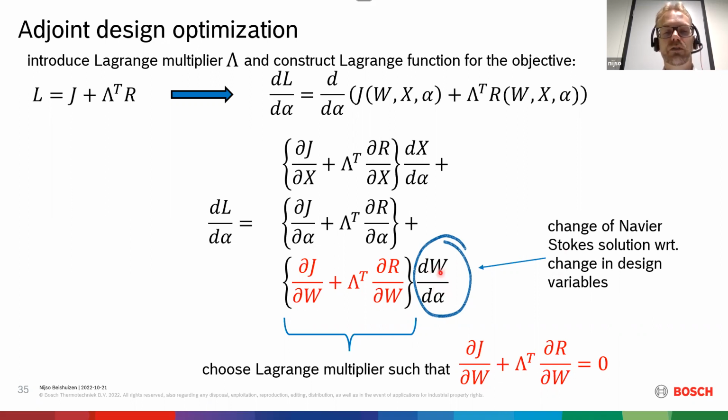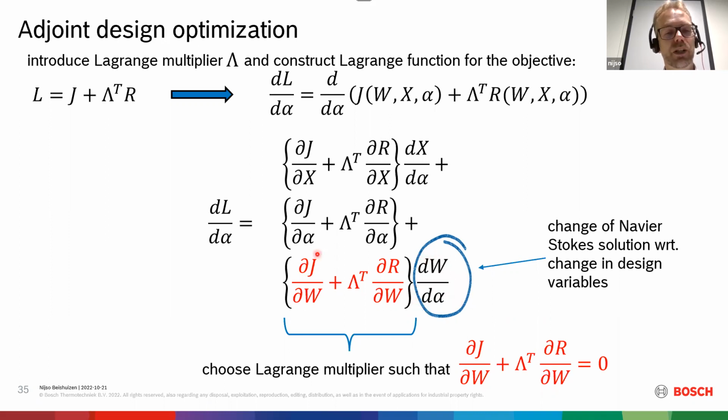And this is super expensive. This basically means that we need the Navier-Stokes solution for each of the design variables. So if all surface nodes of this heat exchanger are a design variable, we could have 100 points, so 200 design variables. That means that to get this term, we need to solve the Navier-Stokes equations 200 times. And that is expensive.